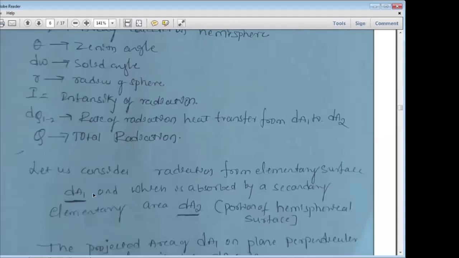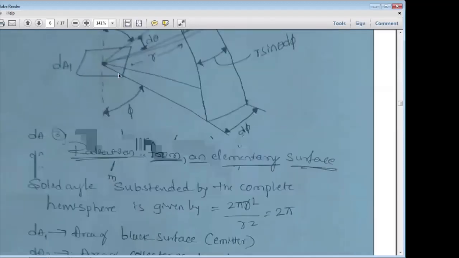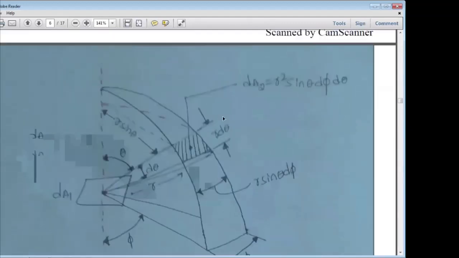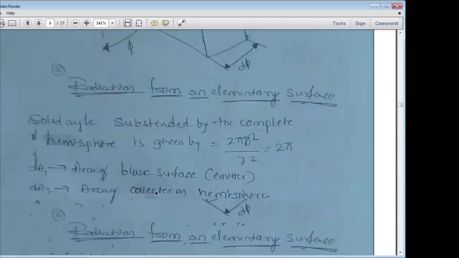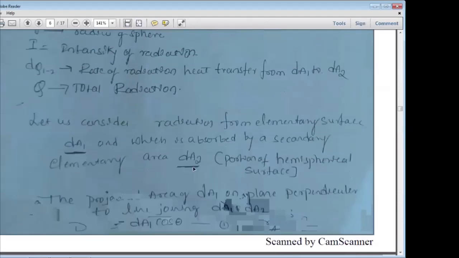Let us consider the radiation from the elementary surface dA1, which is intercepted and absorbed by the secondary elementary surface dA2 on the hemisphere. dA2 is just a portion of the hemispherical surface.